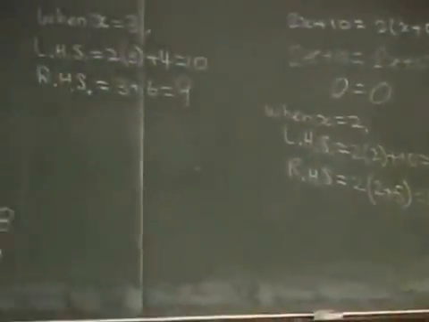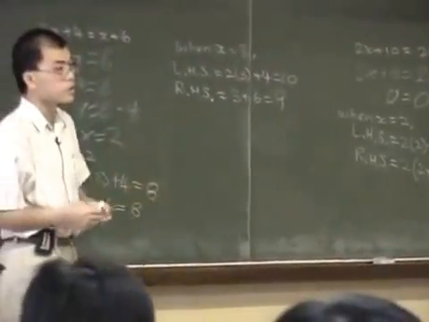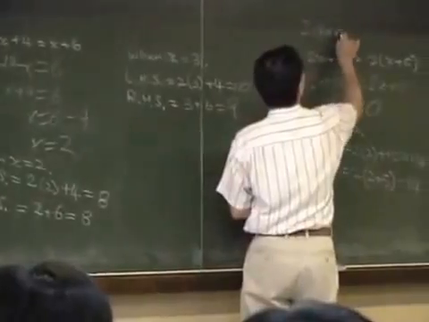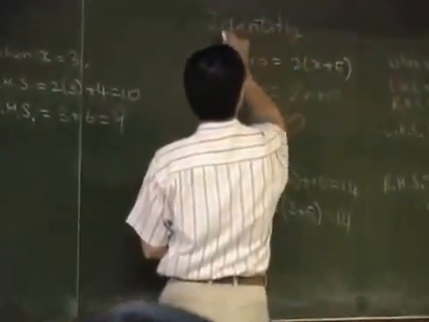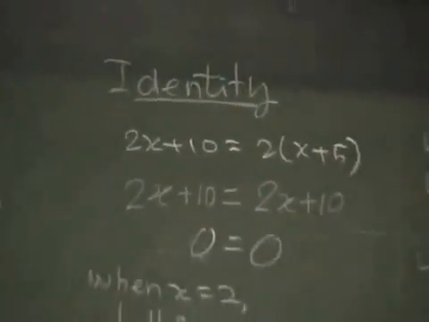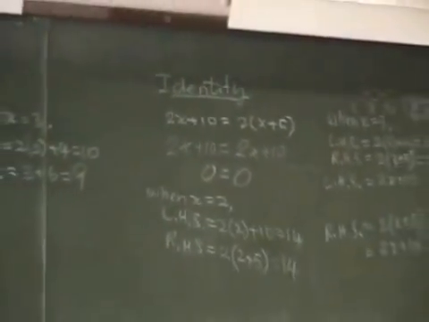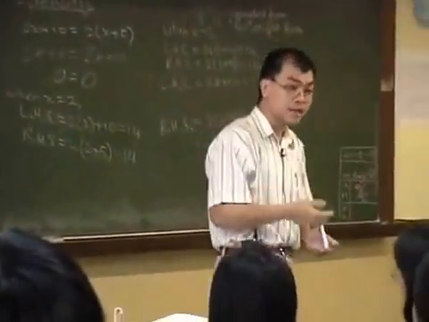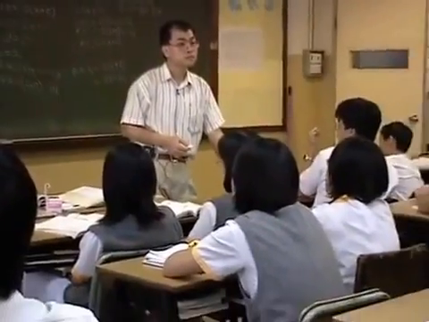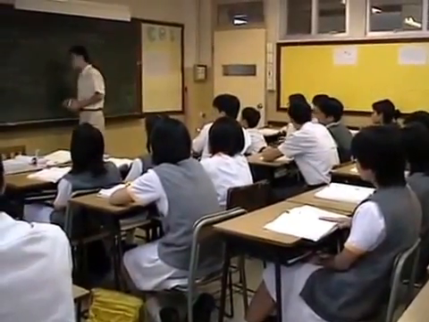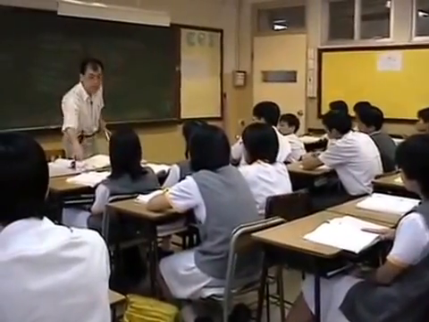For this kind of equation, we'll give it a name. Identity. Identity means that they are exactly the same. Okay? Follow me. Identity. Identity. Identity. And for this kind of identity, we'll give it a symbol.